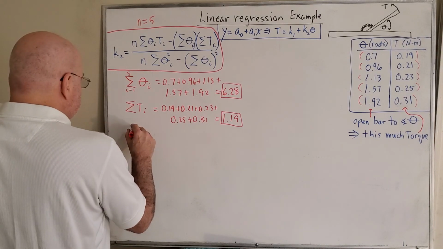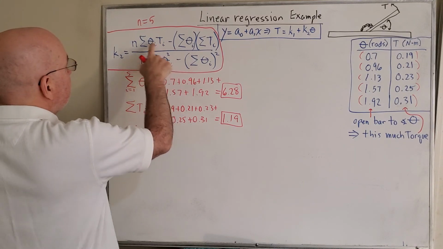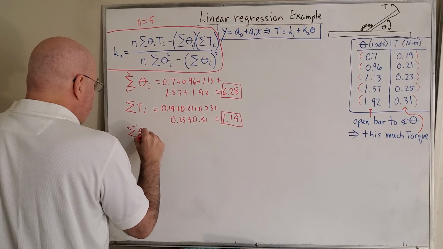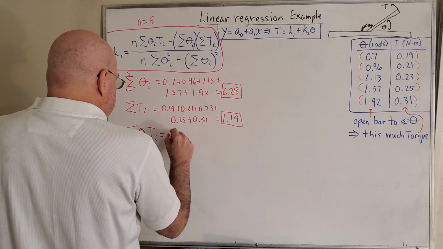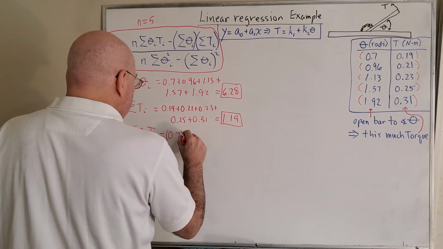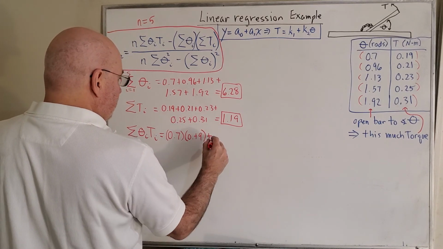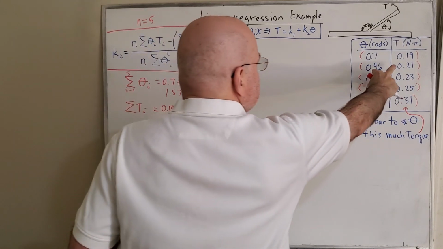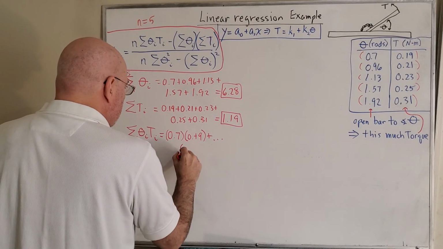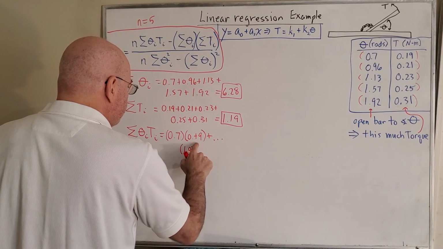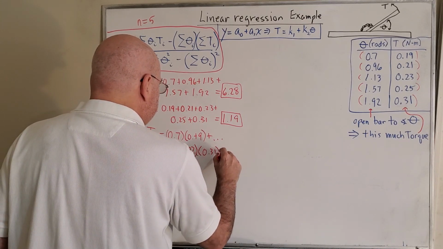Let's next go to the sum of the theta_i T_i's, this term, theta_i T_i, and that is 0.7 times 0.19 plus, and I'm going to put a dot, dot, dot, plus that product, plus that product, plus that product, and I'll write the last one, 1.92 times 0.31.